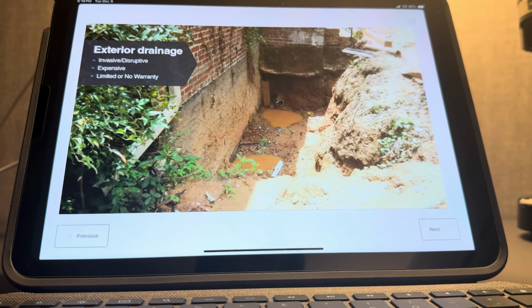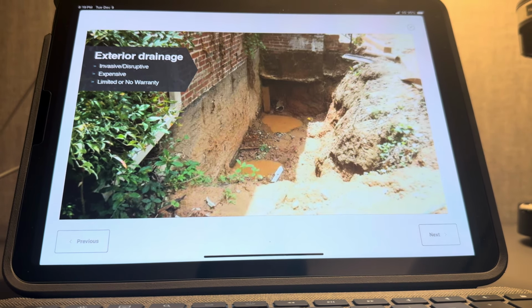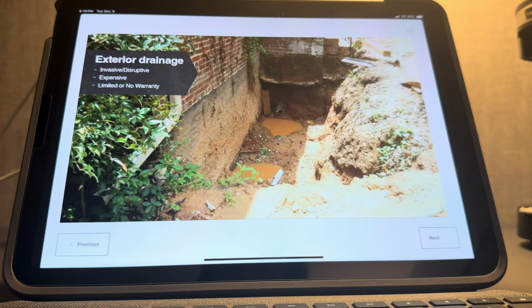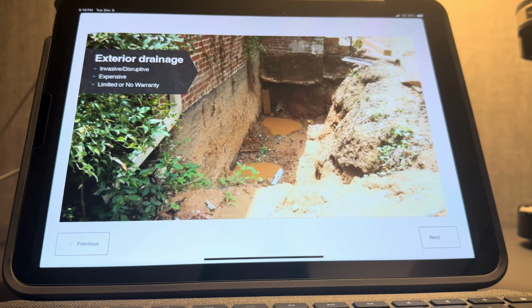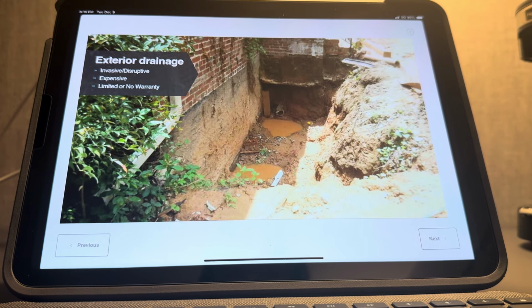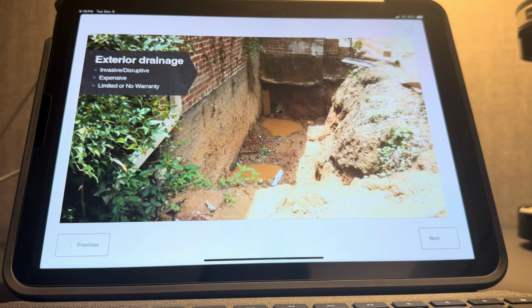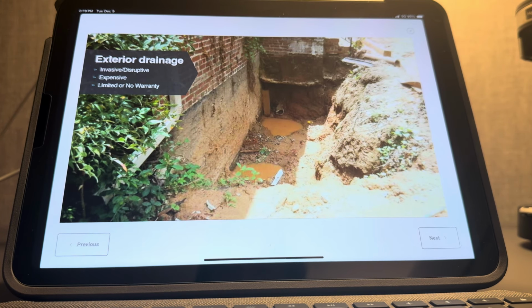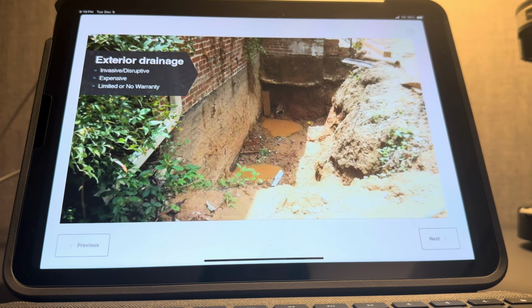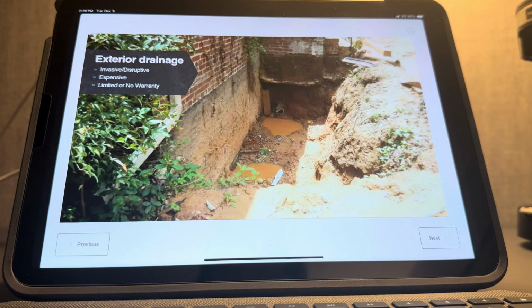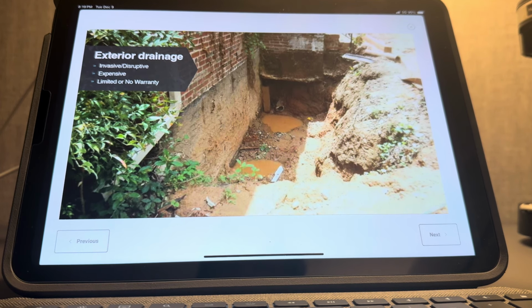And so first of all, exterior drainage, and this is super expensive, super invasive and disruptive. This would require digging up all those rose bushes, the beautiful landscaping, putting some utilities on hold perhaps. Your driveway out there would probably have to be redone. It's very expensive and it offers limited to no warranty.